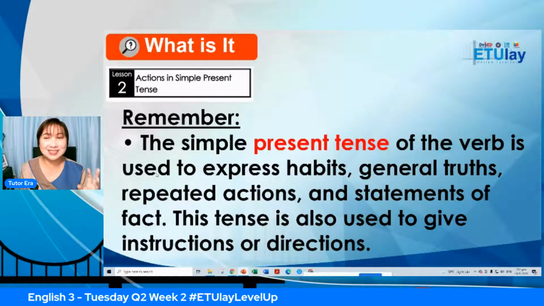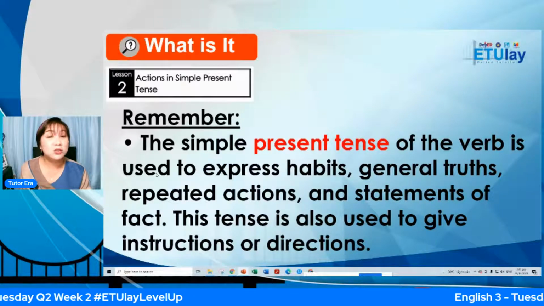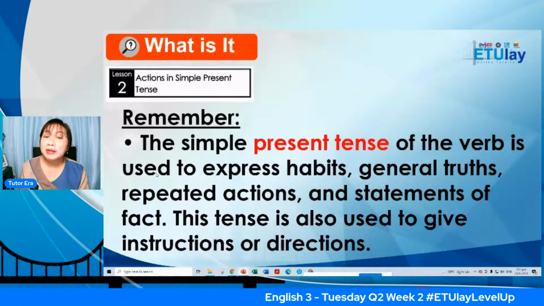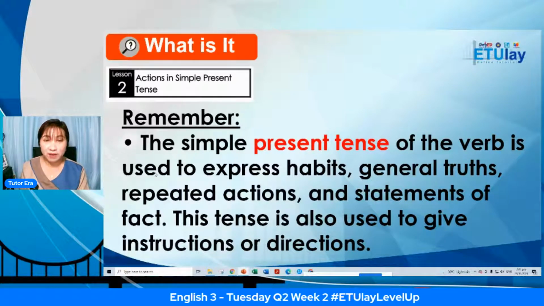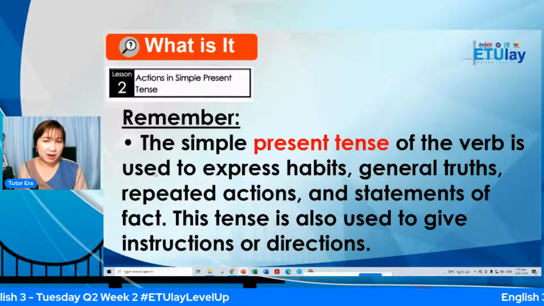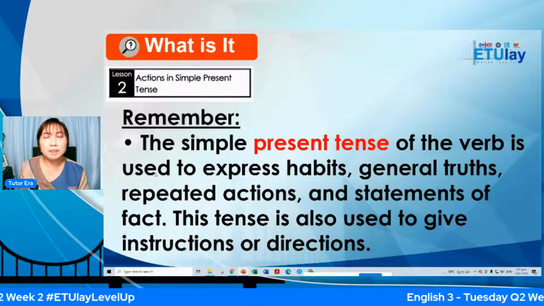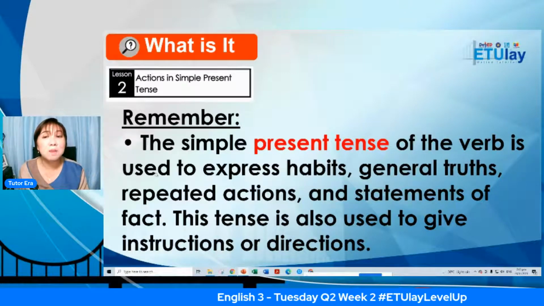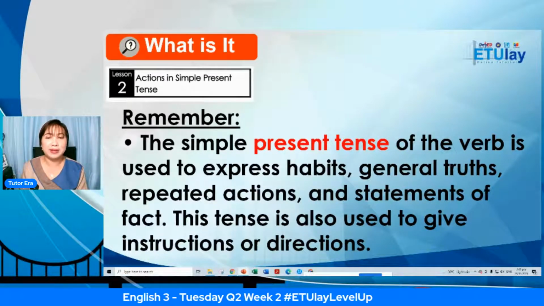The simple present tense of the verb is used to express habits, general truth, repeated actions, and statements of fact. This tense is also used to give instructions or directions. If we form the past tense of the verb by adding d or ed, how about for present tense? How do we form it?